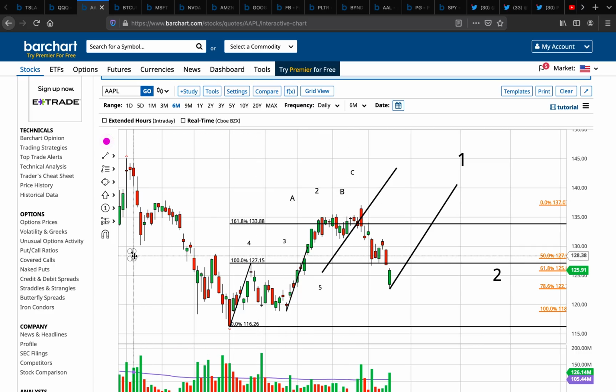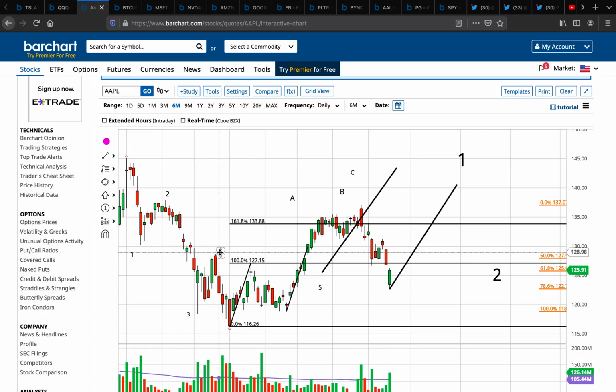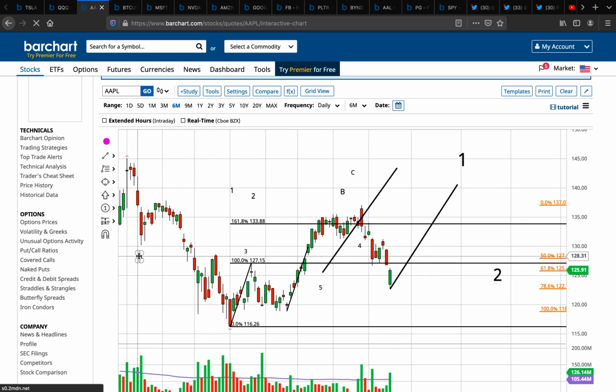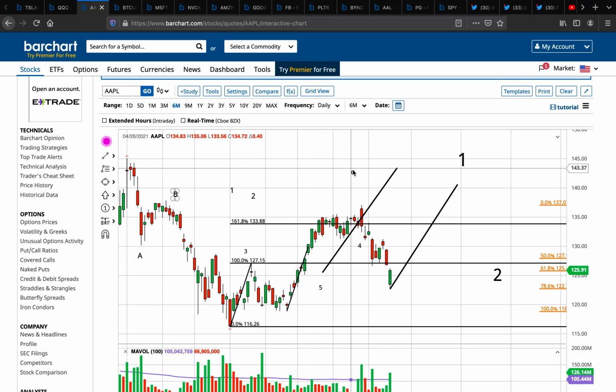This is a 1, 2, 3, 4, 5 waves impulse. Oh, sorry. No, this is an ABC correction from this high. And then Apple is completing a 1, 2, 3, 4, 5 waves impulse from this low. So this is almost identical to what I have for QQQ.